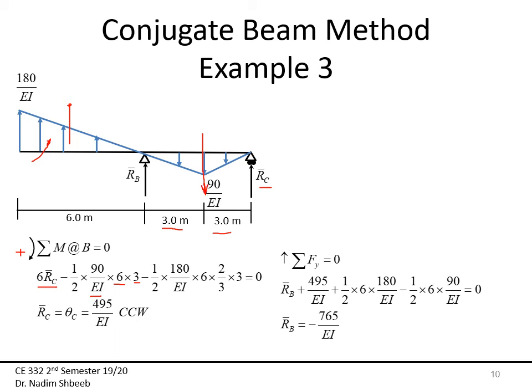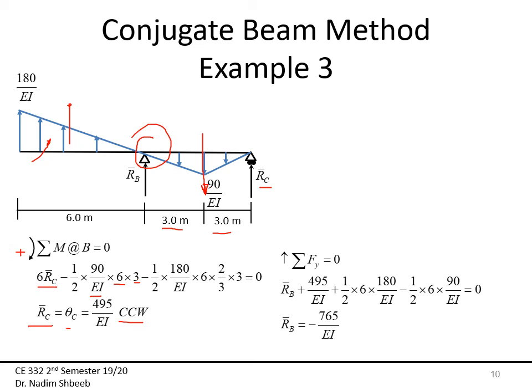Okay, so I'm taking the moment again about point B right there. So from it, I find RC, which is the same as theta C, which is equal to 495 over EI. And since this is negative shear now, the rotation is going to be counterclockwise.